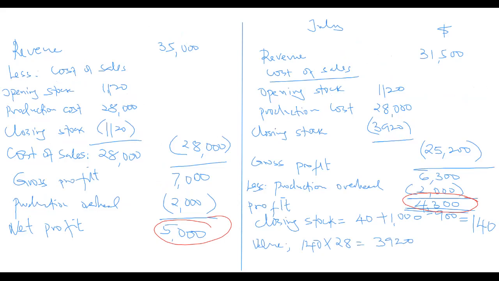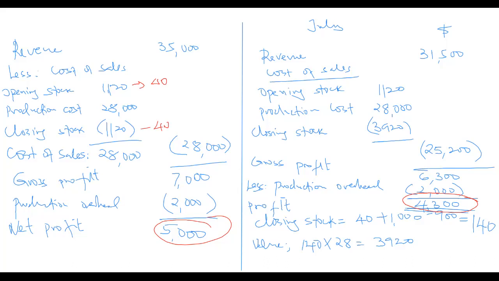Why is that the case? If you have the same units for closing stock and opening stock, don't forget the opening stock was 40 and the closing was 40, then the profit will be the same whether you use the absorption costing method or the marginal costing method.